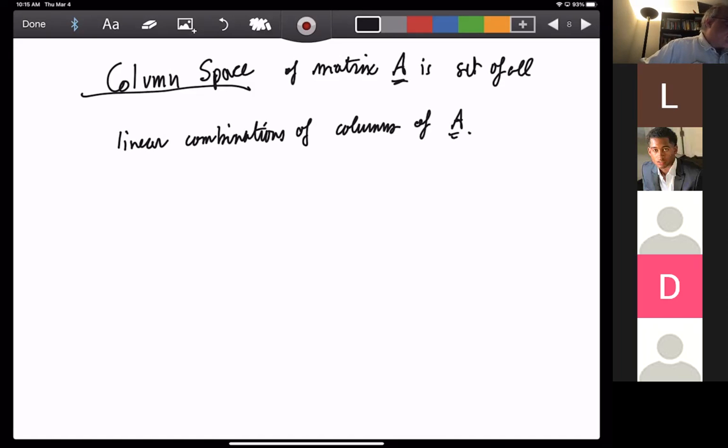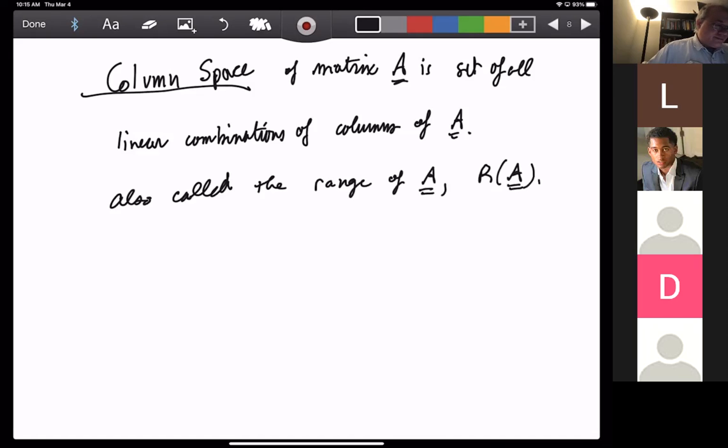This is also called the range of the matrix, and that is denoted R of A. If we talk about the column space, we would write that as COL of A. So these are really two names for the same thing.